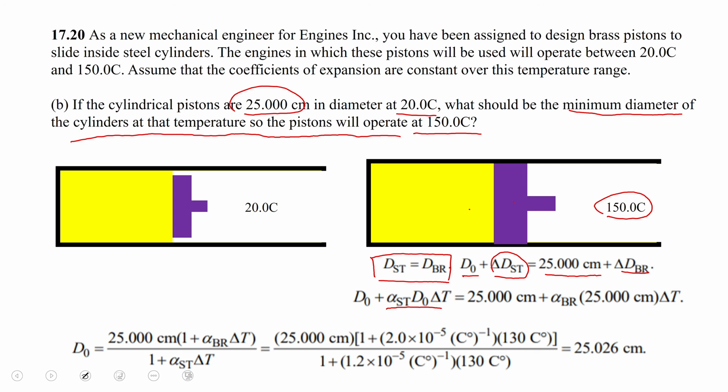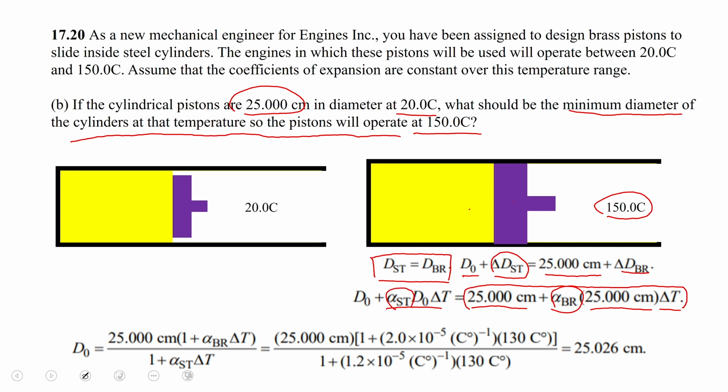Because we know the change of the diameter should be equal to the coefficient multiplied by the original length, and times the change of temperature. So we know the initial diameter of the piston is 25, and we know the coefficient of the brass. We know the temperature change, so we can solve the final diameter at 150 C. Okay, and we also know the coefficient of the steel.